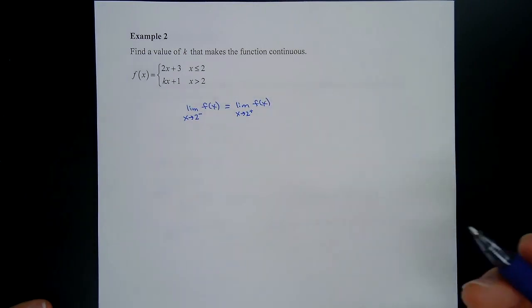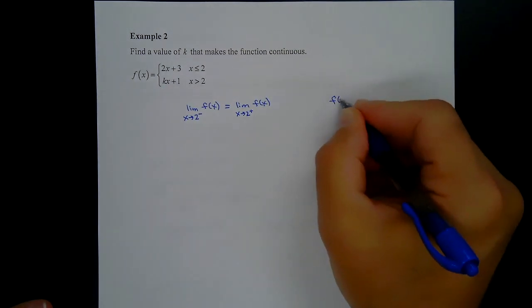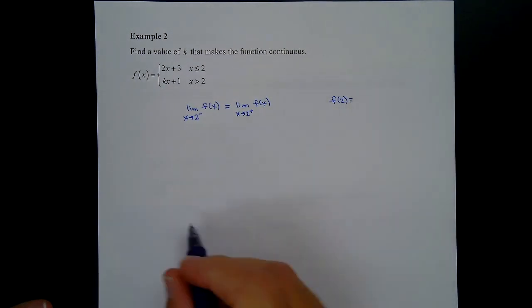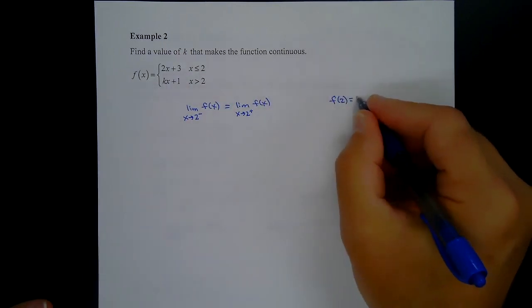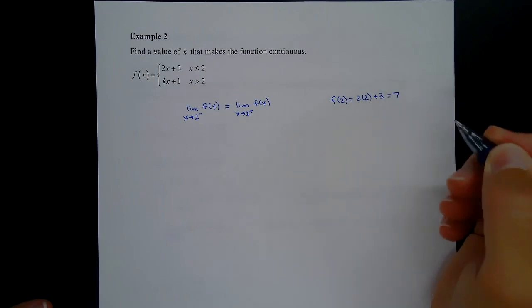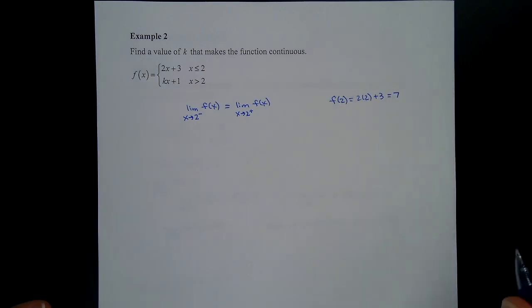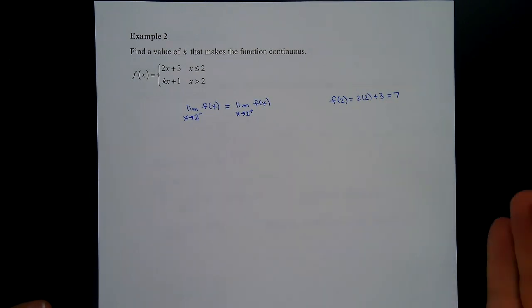And we would have to know what f of 2 is. So we know f of 2 is equal to 2 times 2 plus 3, so that would be 7. Now, for it to be continuous, both of these have to come out to be 7, okay?